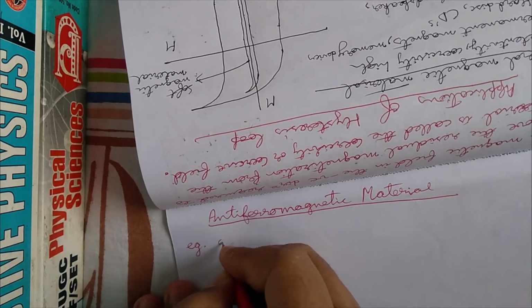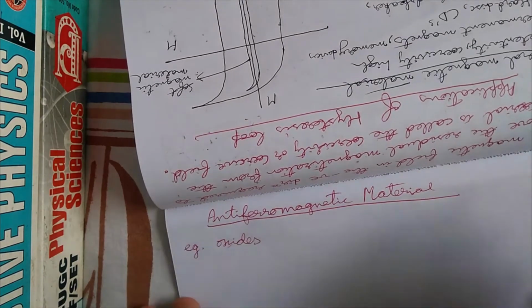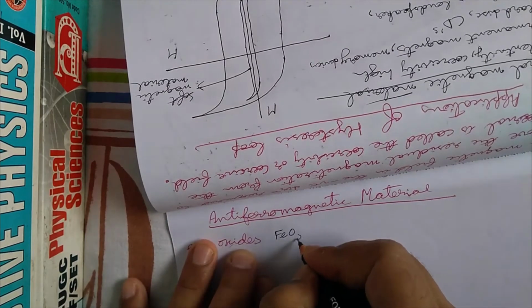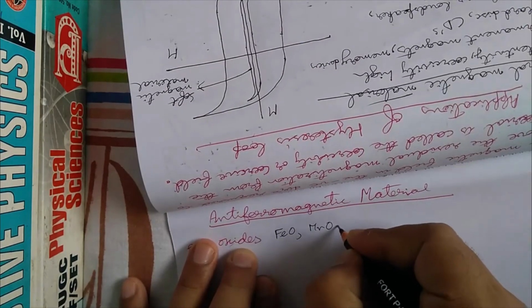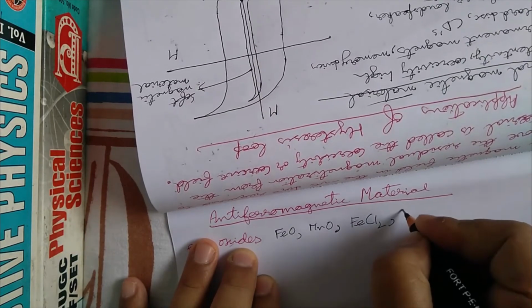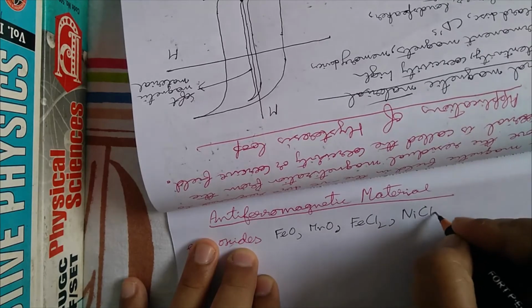Examples are oxides: FeO, MnO, FeCl2, then NiCl2.